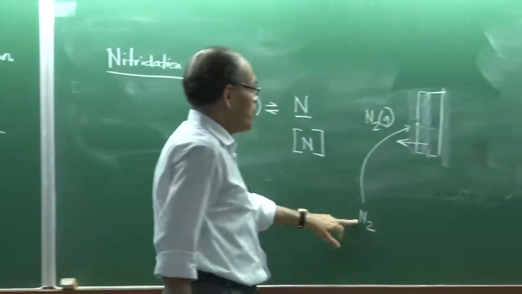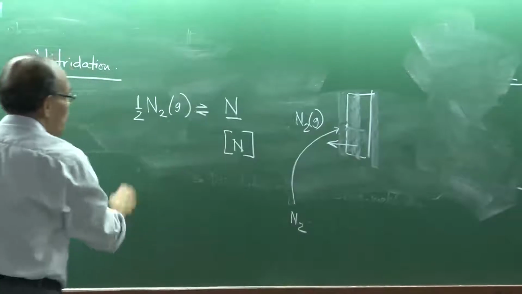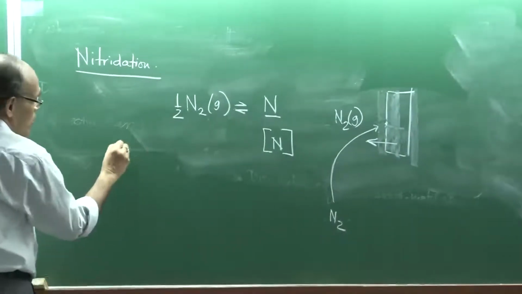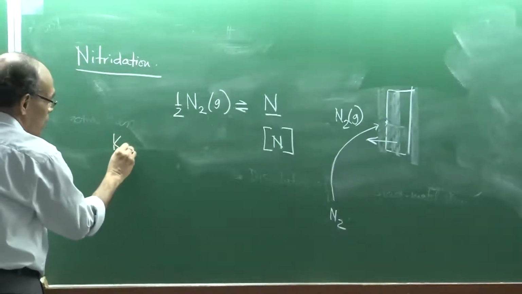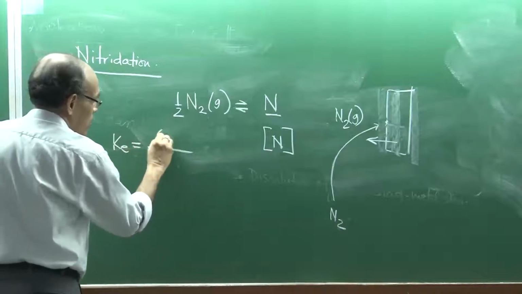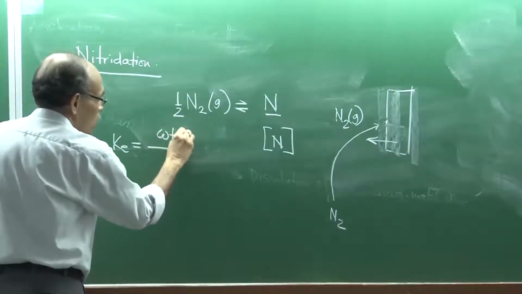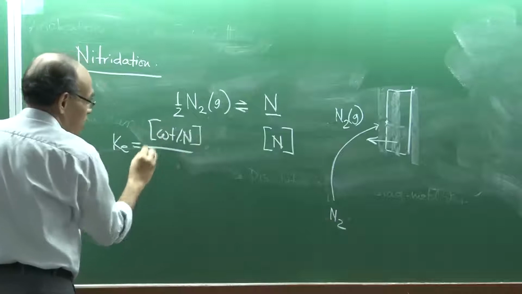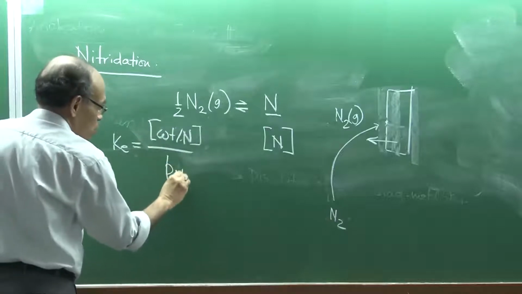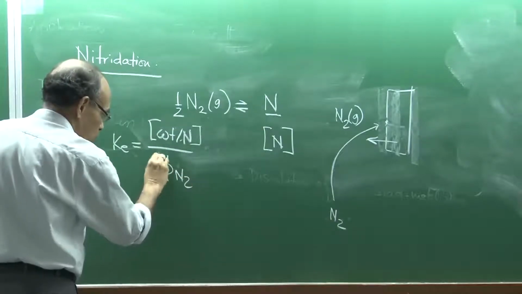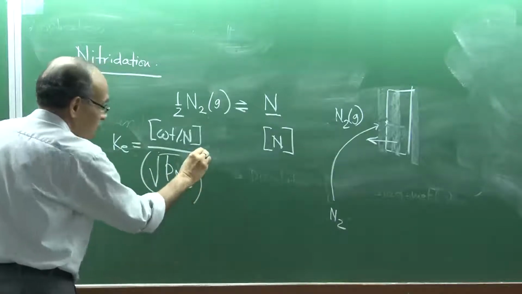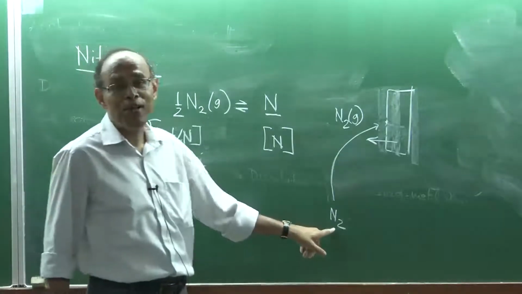So, once you have assumed equilibrium of this reaction, you can say that my K equilibrium, which can be obtained from literature, is the weight percentage of nitrogen or activity of nitrogen at the surface, and Pn2 square root, which is also at the surface, and this Pn2 at the surface is the Pn2 at bulk.